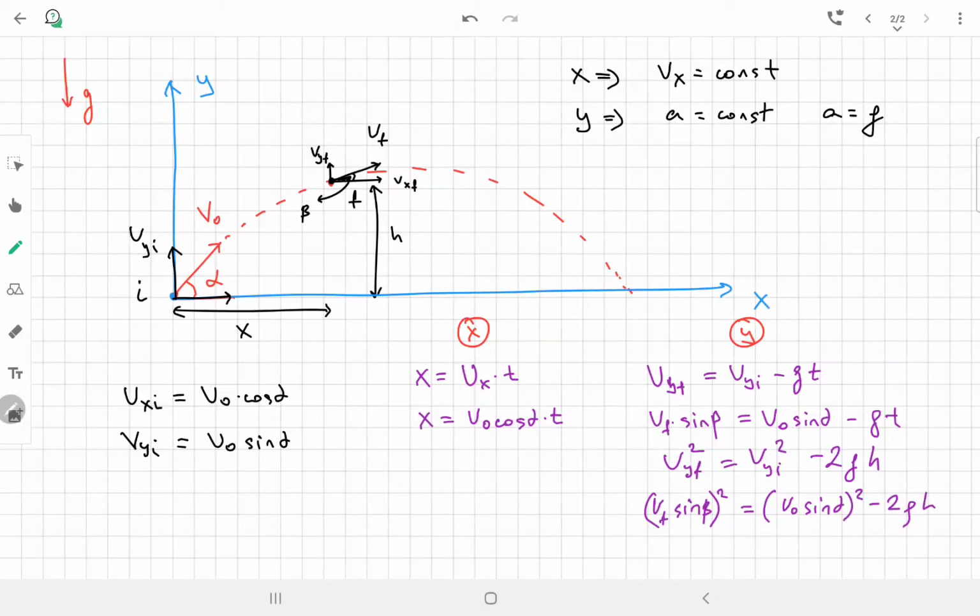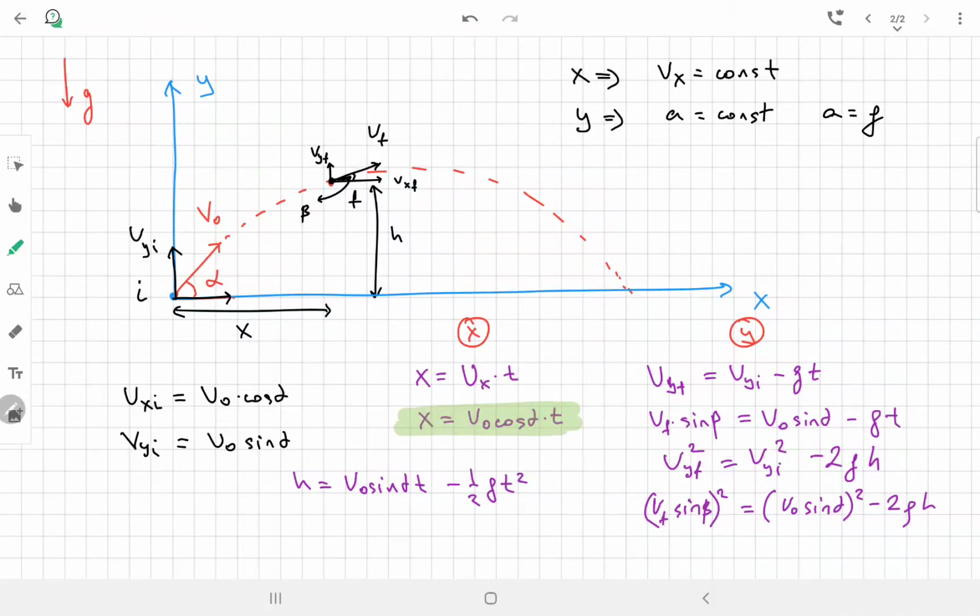This is the second equation. And the last equation: height equals initial velocity in the vertical direction, v0 sine alpha, times time, minus 1 over 2 gt squared.